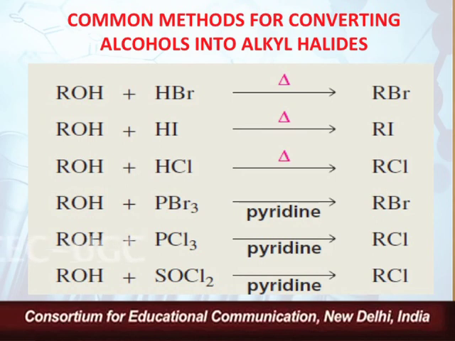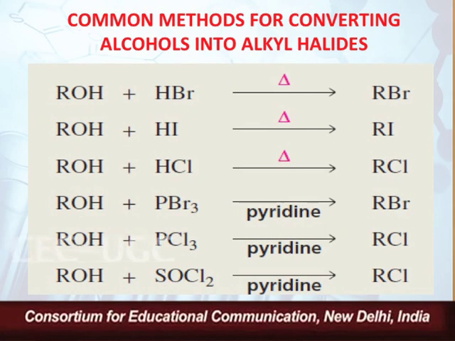Common methods used for converting alcohols into alkyl halides are reactions of alcohols with halogen acids like HBr, HCl, HI, resulting in the formation of alkyl bromides, alkyl chlorides, and alkyl iodides.